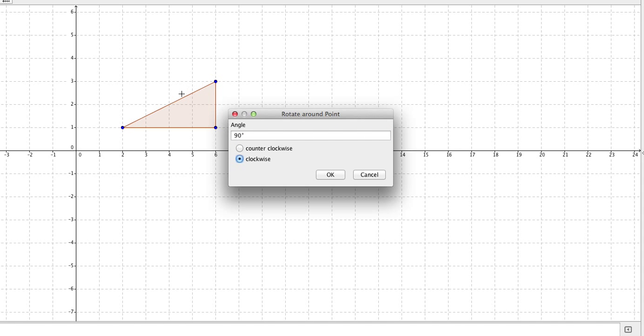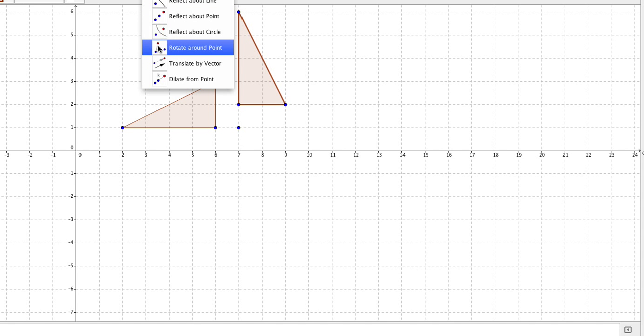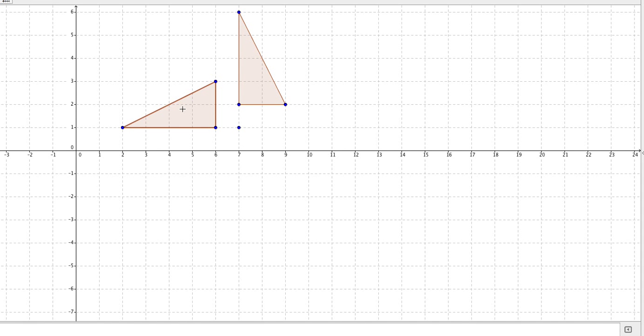Clockwise is going up there, and if you look at the result, that's how our triangle would look. It was rotated 90 degrees clockwise. So if that's your point, it made an arc 90 degrees going up. If you want to do the same thing from the example, the center of rotation is actually down here. So we want to rotate the same triangle, and our center of rotation would be here.